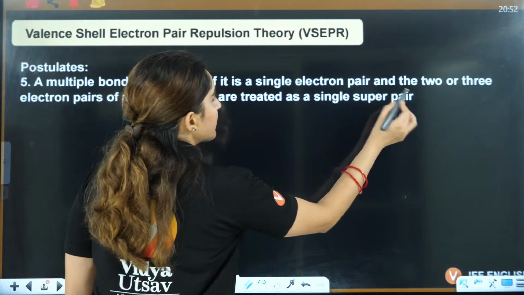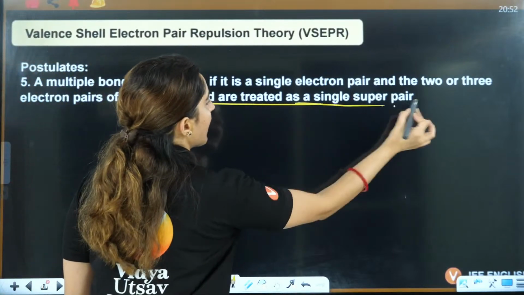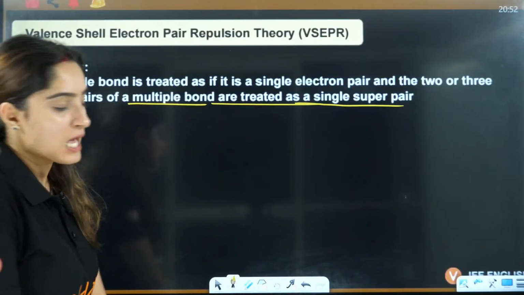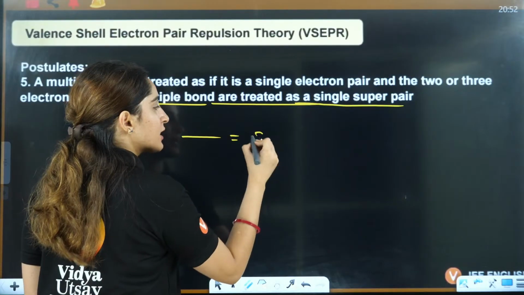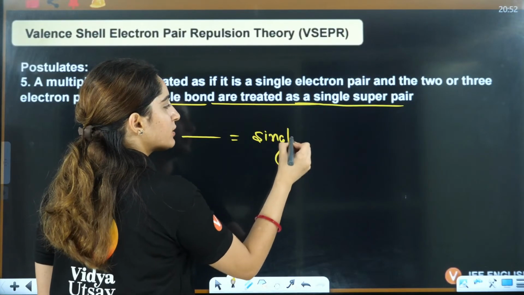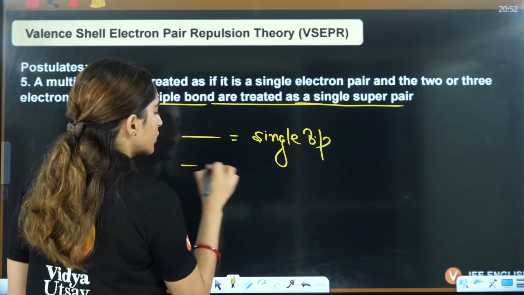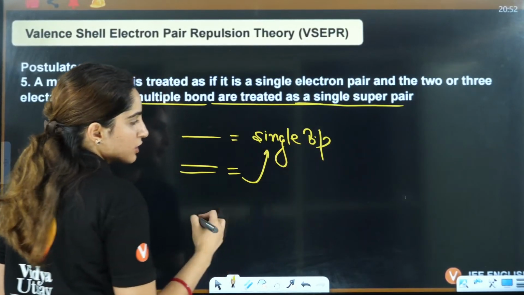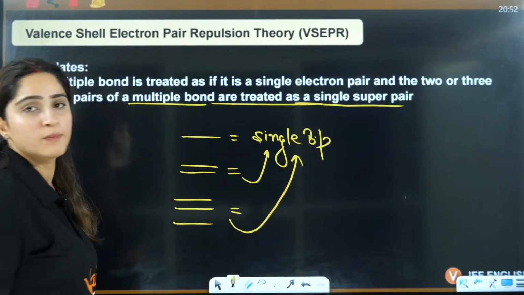A single electron pair and the 2 or 3 electron pairs of multiple bonds are treated as a single super pair. That means if I talk about a single bond, it is taken as a single bond pair. If I talk about a double bond, it is also taken as a single bond pair. If I talk about a triple bond, that is also taken as a single bond pair.